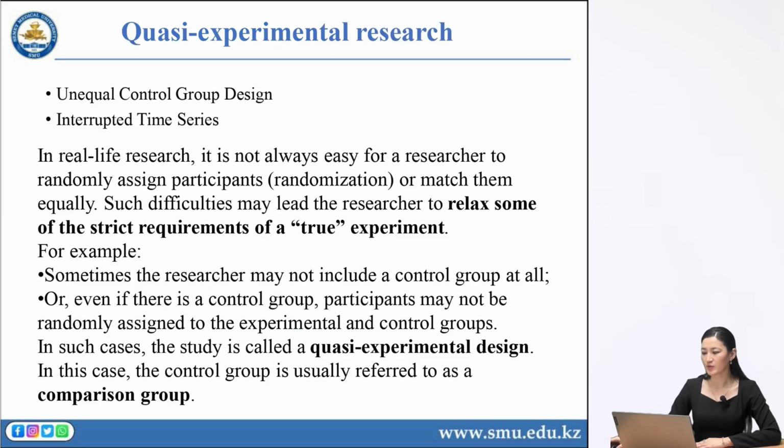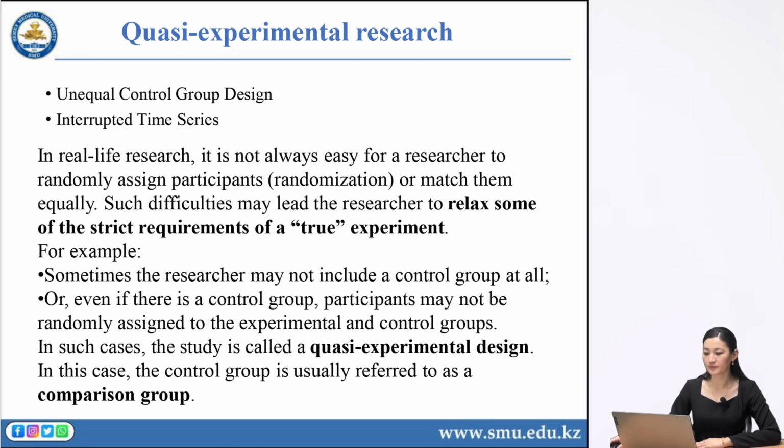Next, quasi-experimental research: unequal control group design, interrupted time series. In real-life research, it's not always easy for a researcher to randomly assign participants or match them equally. Such difficulties may lead the researcher to relax some of the strict requirements of a true experiment.